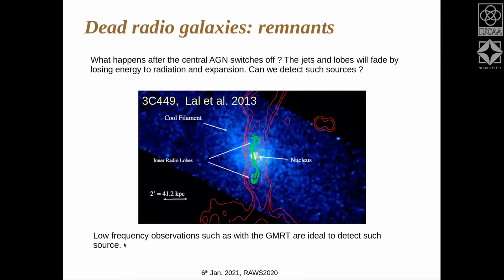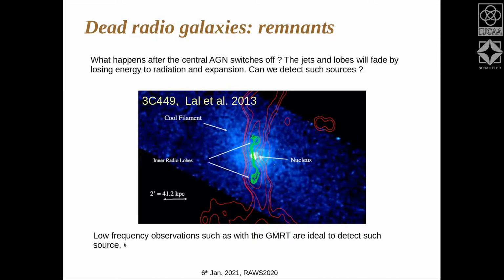You'll find that the pressure is less and they can be easily distorted by shock-like phenomena. So it has been observed that a radio galaxy has been proposed to be passing through a shock, and a portion of the lobes has even undergone reacceleration.